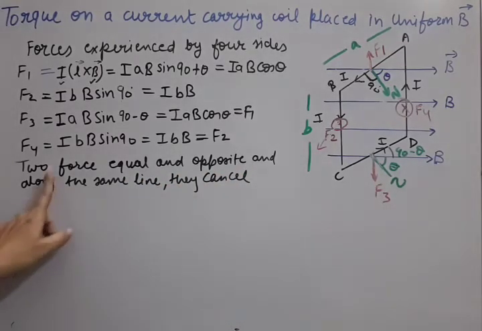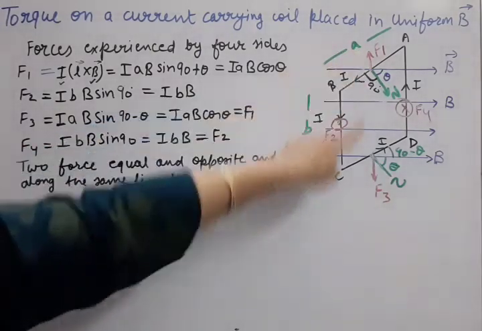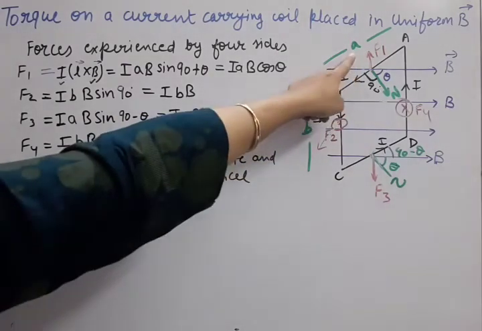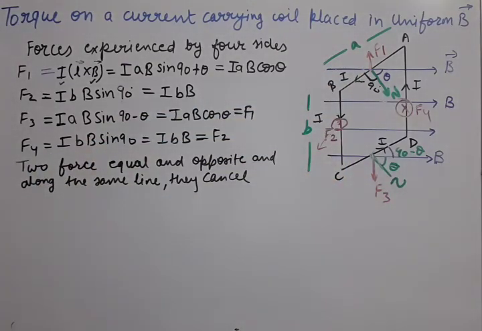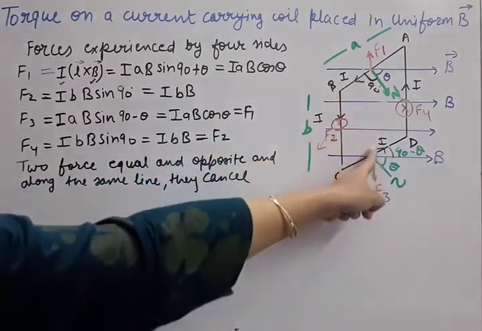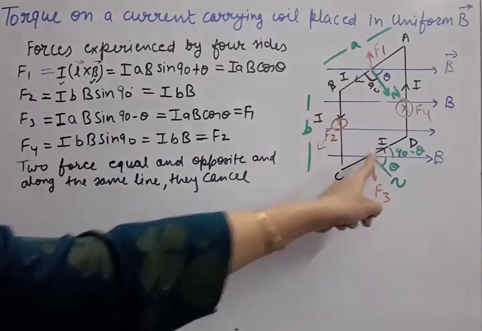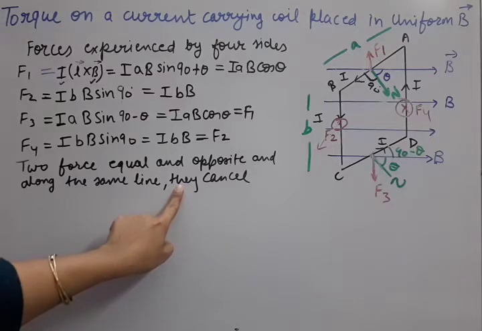So you can see F1 and F3 are equal and opposite also, and they are along the same line. You see this is only the line where they are applicable, so they will be cancelling each other. So F1 and F3 are cancelled.